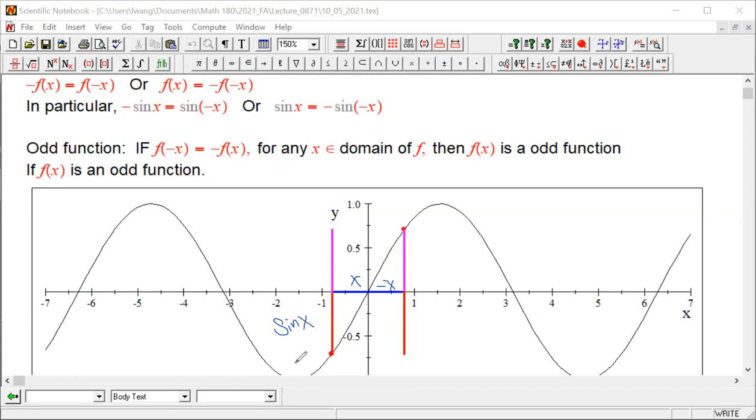This point is x, sine x: input, output. And this other point, because the input is negative x, is sine of negative x, marked as input, output.